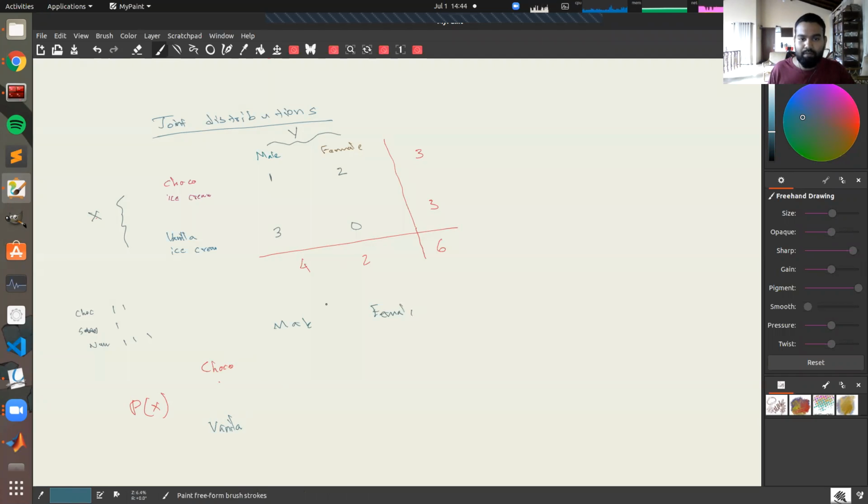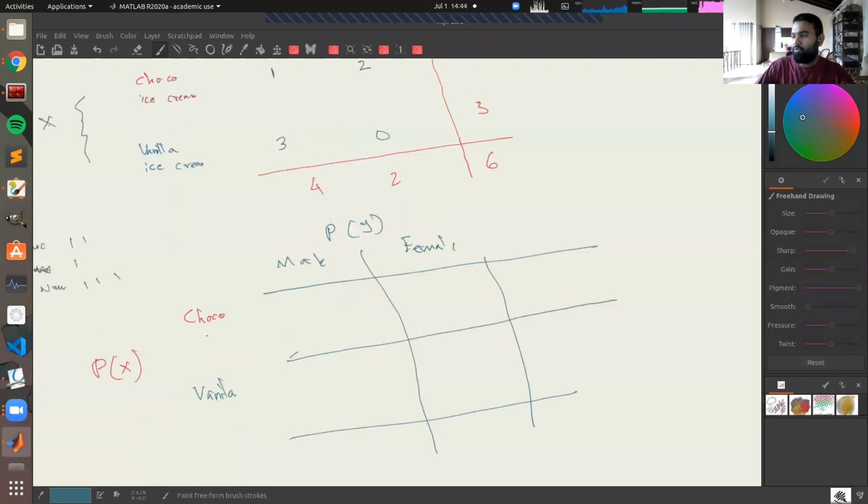On this side, it will be the probability of y. And again, we can draw a table, and how I will get the probability is I will divide this by 6.